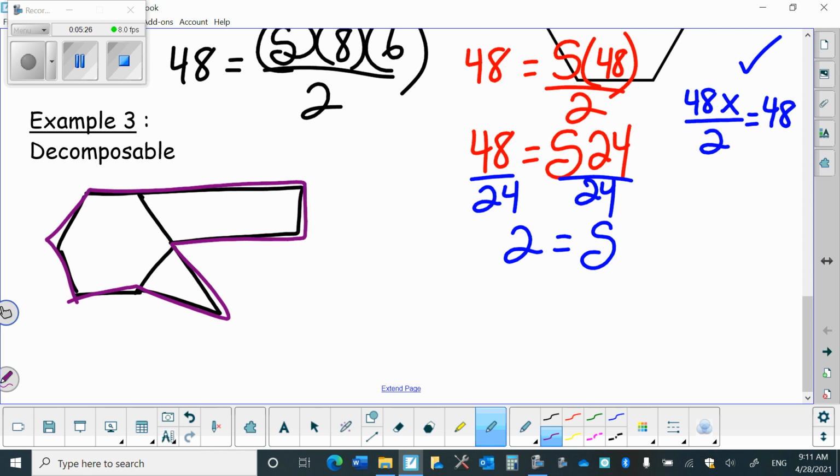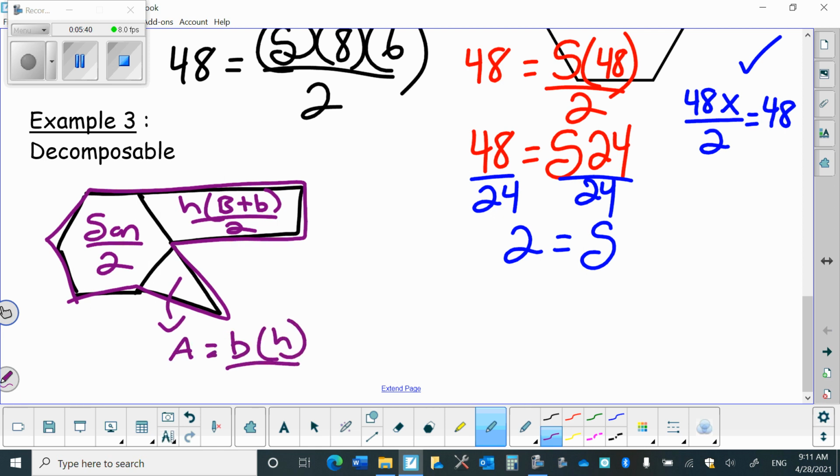But I can definitely find the area of this guy, I can definitely find the area of a trapezoid, and I can definitely find the area of a triangle. So I would have to do 3 different formulas, and just add everything up. I have all those formulas: pentagon, trapezoid, and a triangle, and I just put everything back together to find your total area.